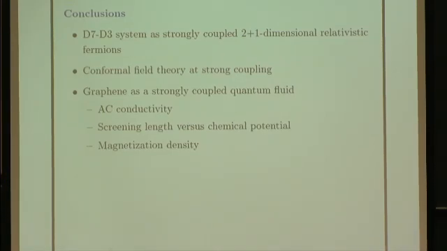Okay, well, I better conclude. There are a lot more things one could say about the conformal field theory found here, but I think I've said the interesting things in the experimental realm: if you take seriously this model as a model of graphene, it actually makes a few predictions.